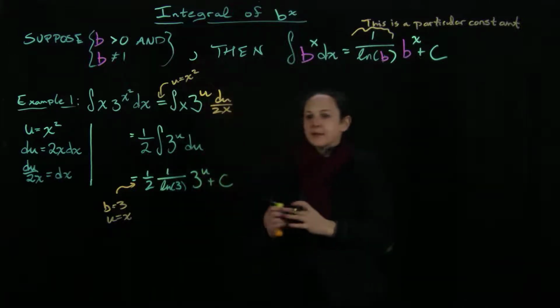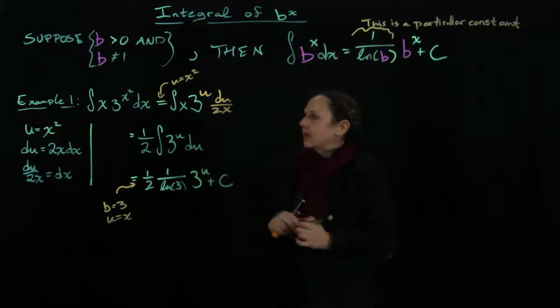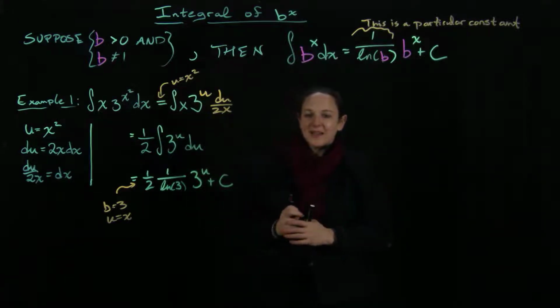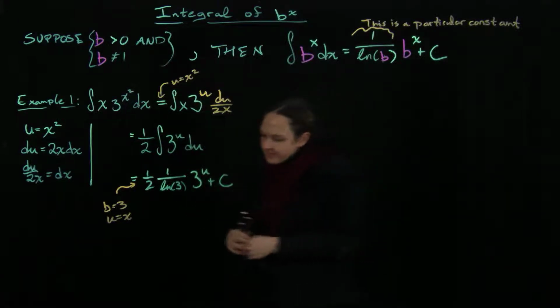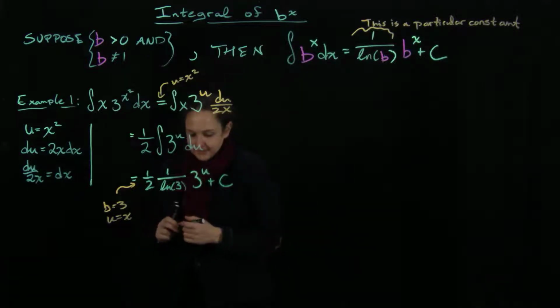Now because this doesn't have bounds, and my original integral was in terms of x, I need to put in x for u to get this in terms of x.